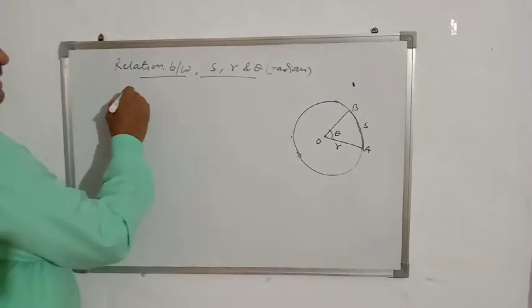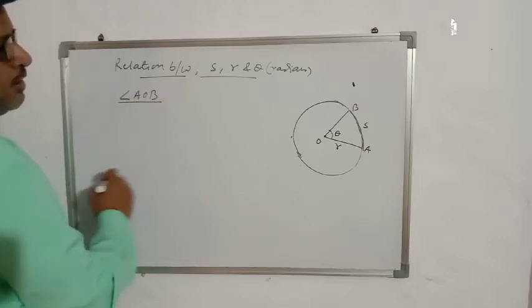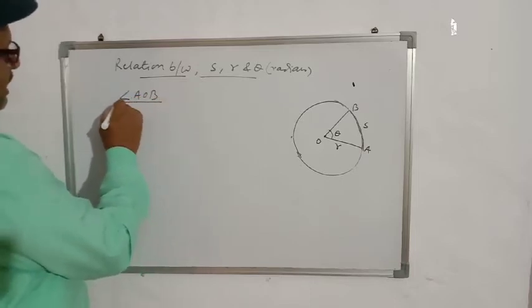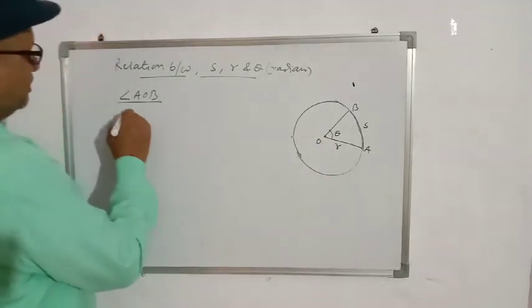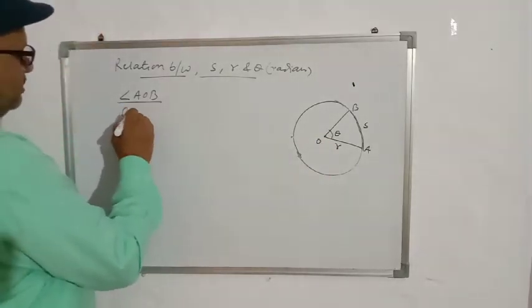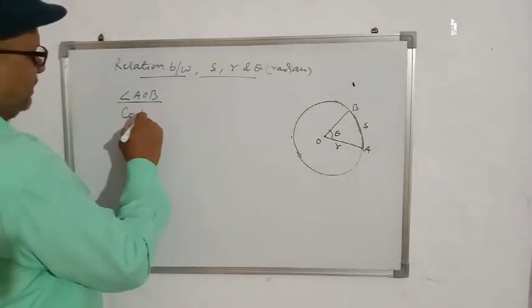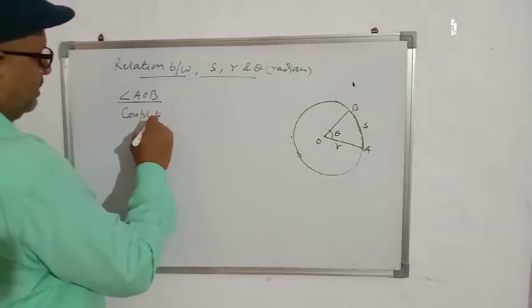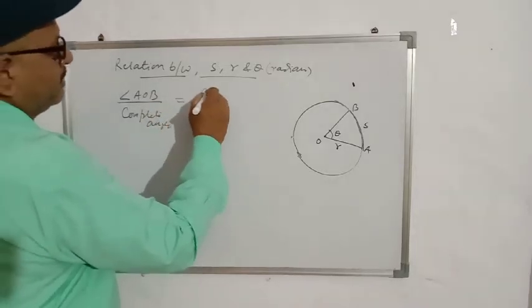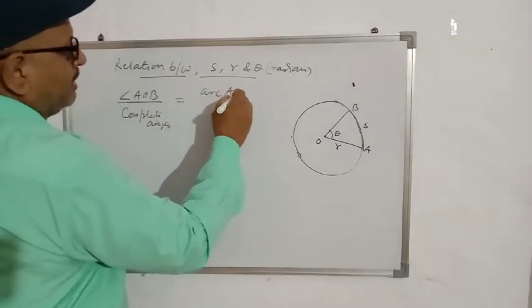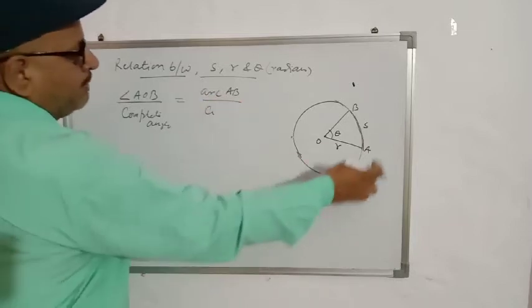So we can write angle AOB upon the complete angle is equal to arc AB upon the complete arc.